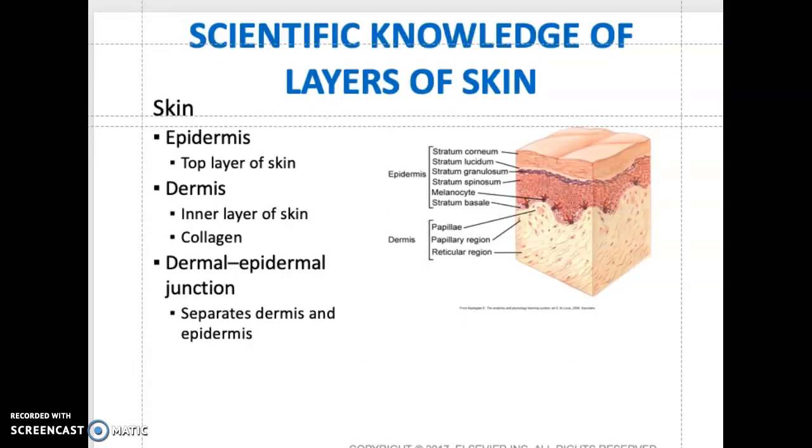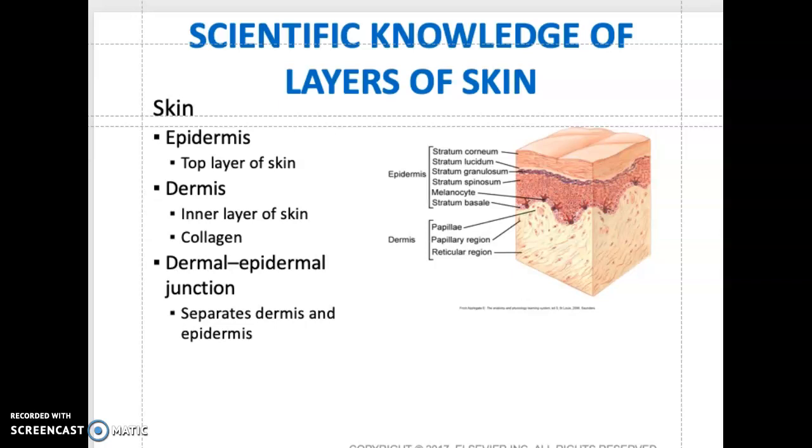So as we know, there are different layers of the skin. So the epidermis. The epidermis is the top layer of the skin. The epidermis consists of several layers that consist of keratinized cells.